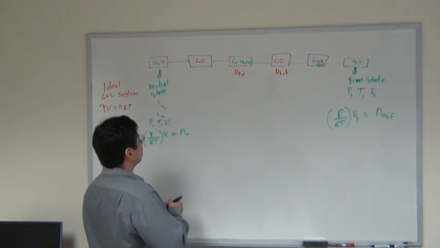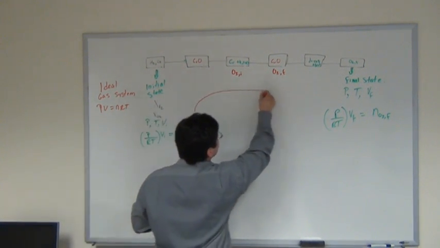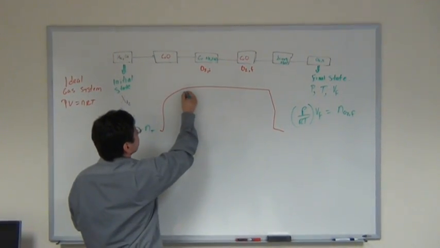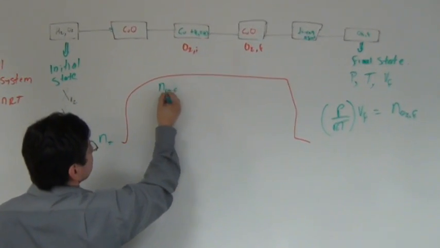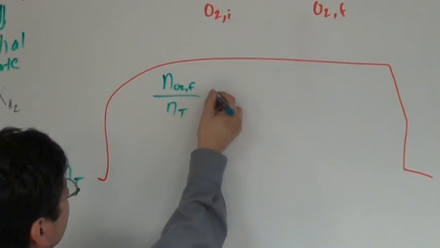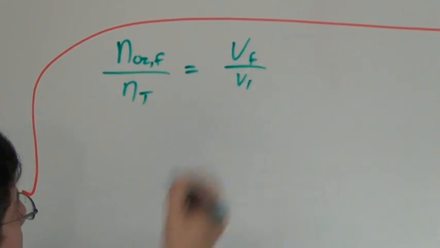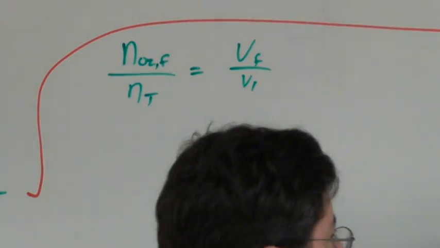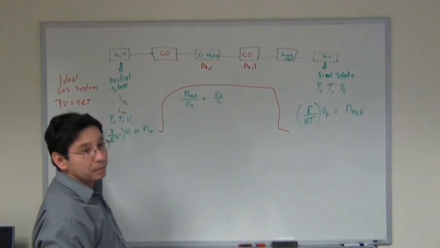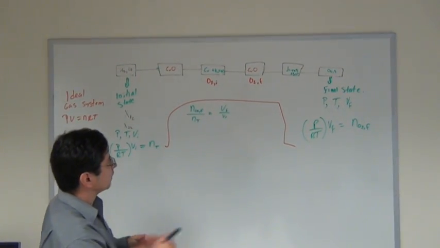So the number of moles of oxygen at the end over the total number of moles of gases in the initial mixture is going to be equal to V_F over V_I, keeping in mind that P over RT will cancel with P over RT because they are the same values in the initial and final state.